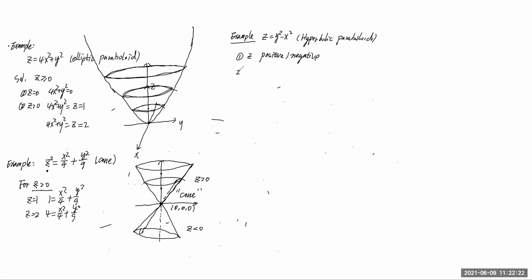You can say this time as z equal to 0, we get y squared minus x squared is 1. And then we know y minus x, y plus x, sorry, is 0. So we got y is x, y is negative x. So we know by this, when z is 0, you get 2 lines in the xy plane, right?